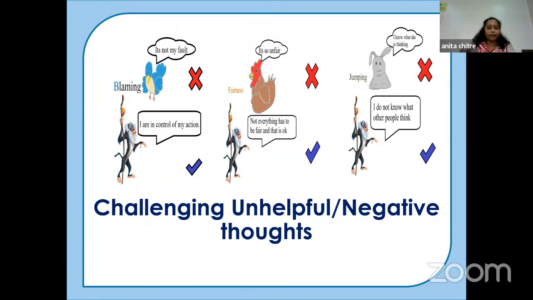So it's not anybody else, but I have to make changes in my behavior to bring about changes around me. So we inculcate this kind of positive thought, help them to challenge their negative thoughts and develop positive thoughts. And one way of helping them challenge their unhelpful thoughts is being more logical, more practical, more factual, and more evidence-based.